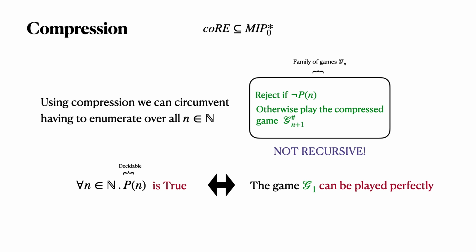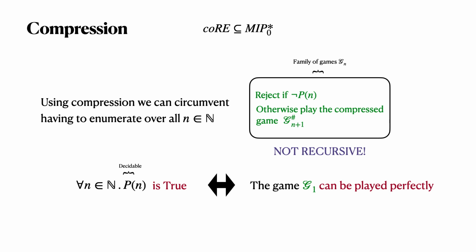A general Co-RE formula states that for all n, a predicate P is true when evaluated at n. So this just follows from the quantified characterization of Co-RE. On a Turing machine, to determine the truth value of this formula, we have to loop over all values of n. Using the compression theorem, on the other hand, we can circumvent having to enumerate all n.